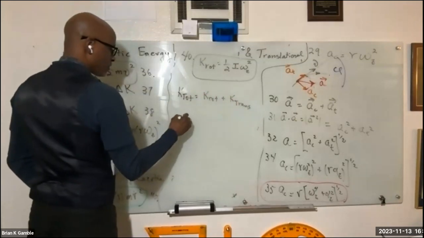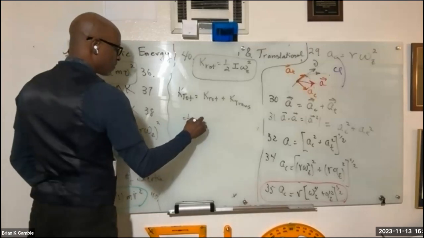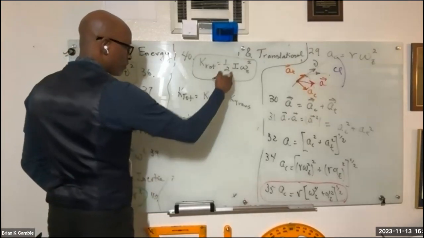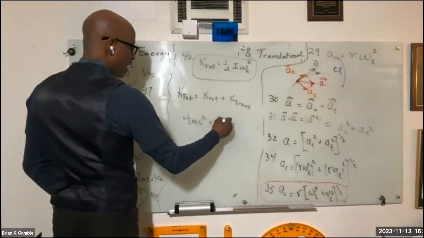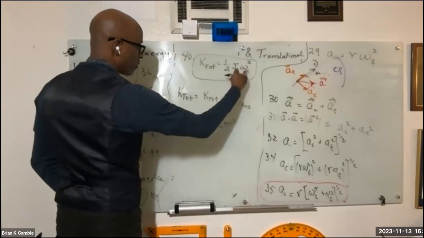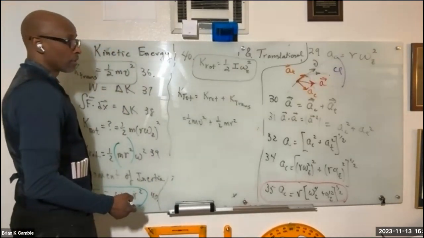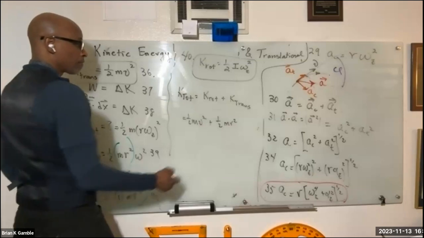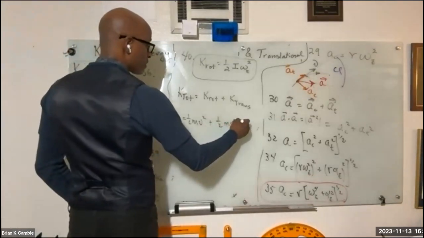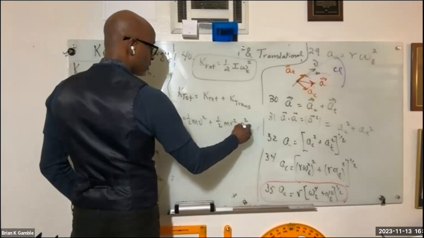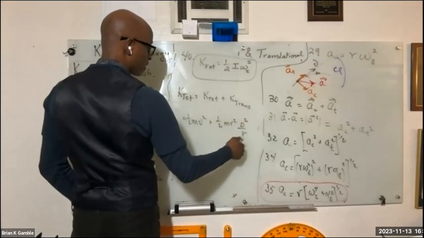And so that's going to be 1/2 mv squared plus, putting the stuff back in, 1/2 I is mr squared, omega squared is v squared over r squared, because v is r times omega.